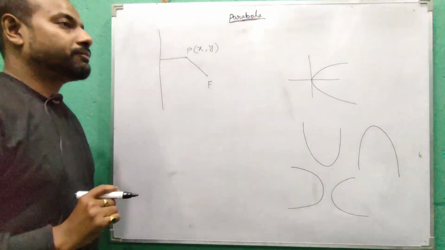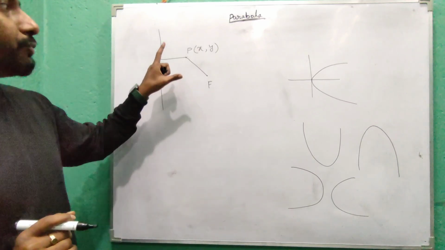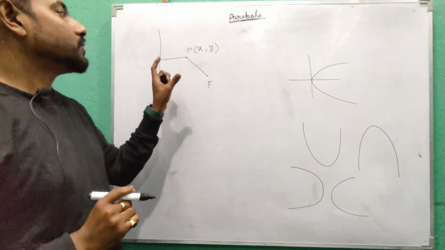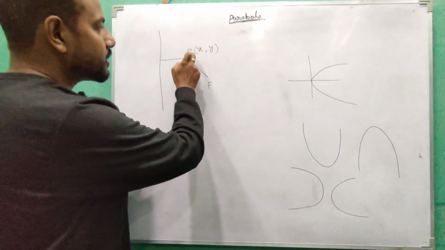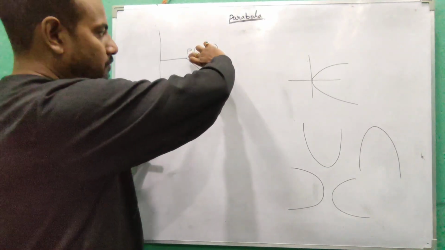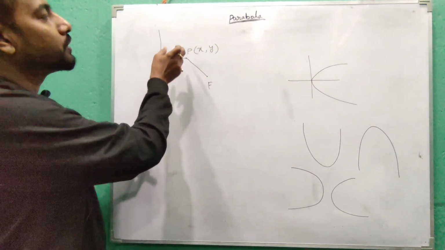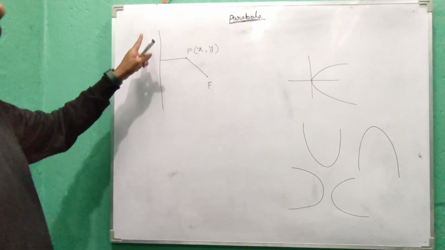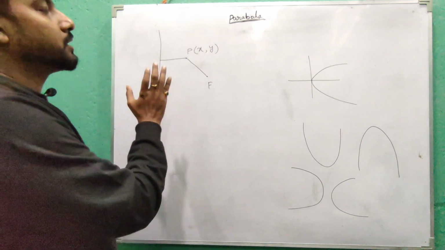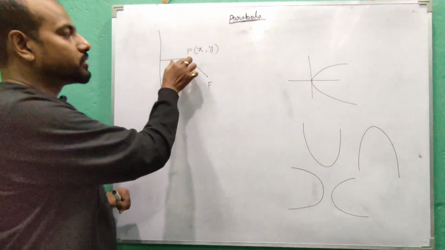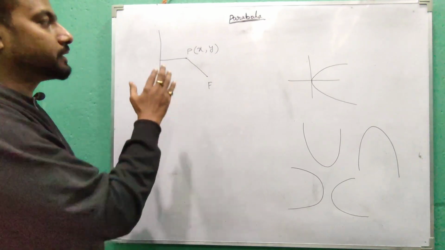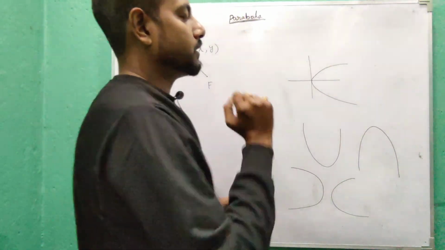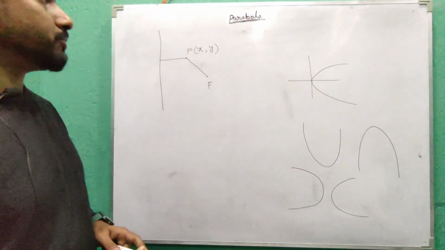So the locus of a point whose perpendicular distance to a fixed line is always equal to its distance from the fixed point will be like this, and this figure is called a parabola.